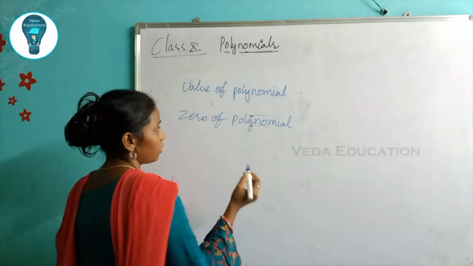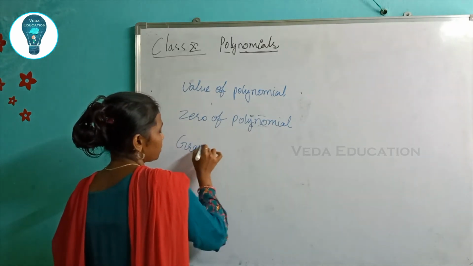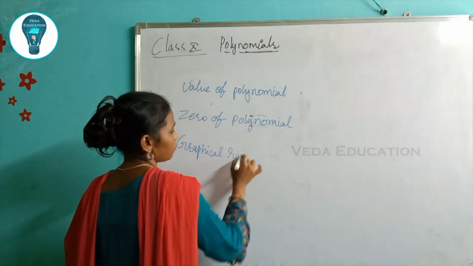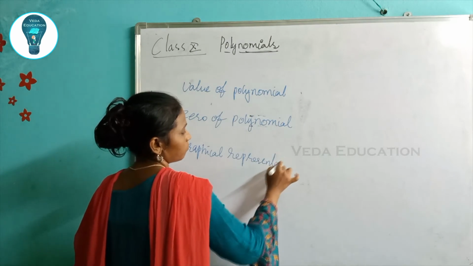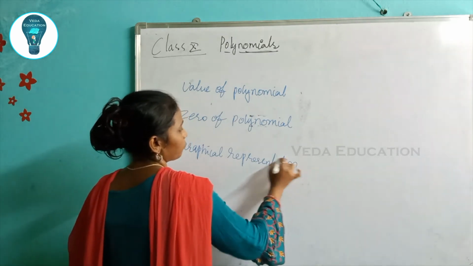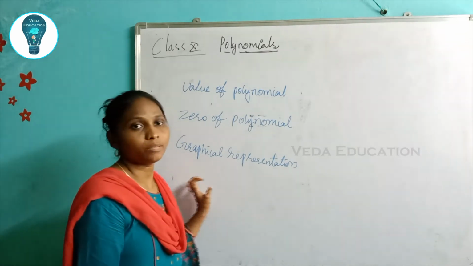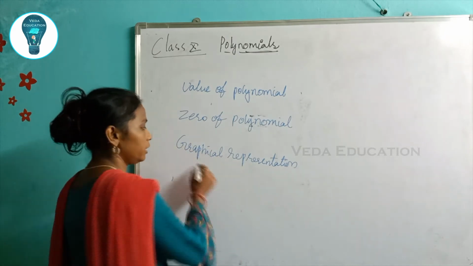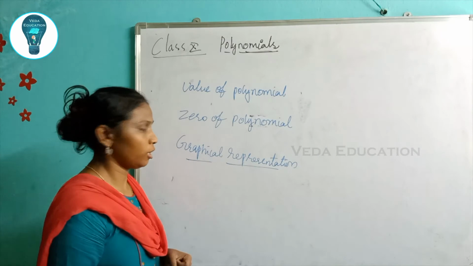In this chapter, we will discuss graphical representation of polynomials. Graphical means we will use a graph; geometrical means we will use shapes. In graphical representation, we will discuss linear, quadratic and cubic polynomials.